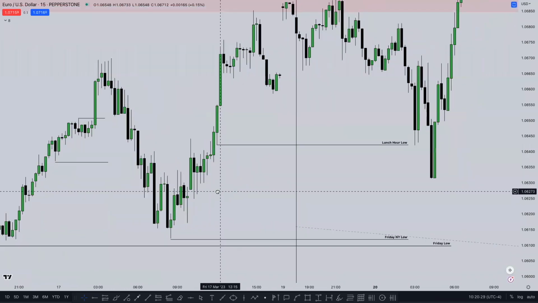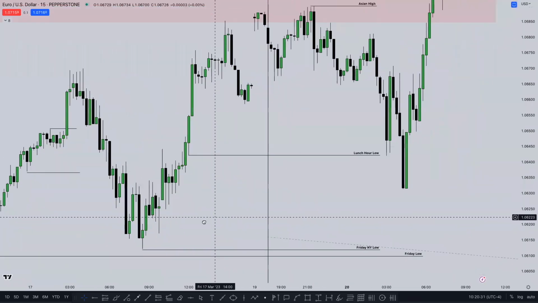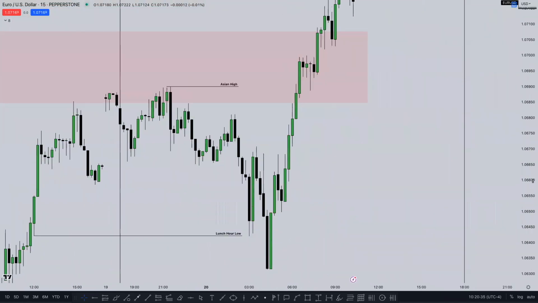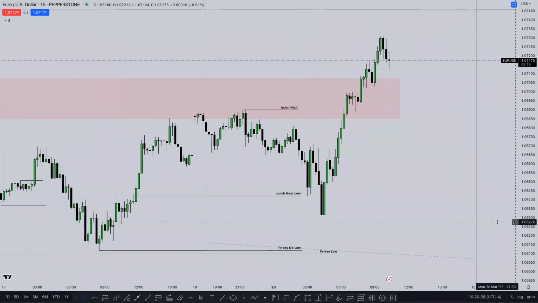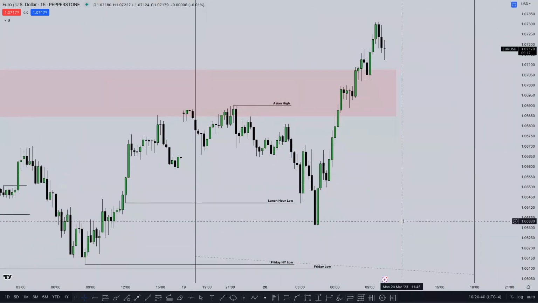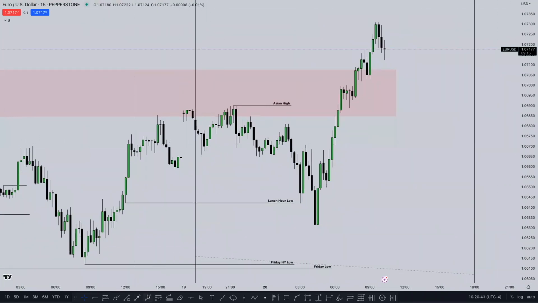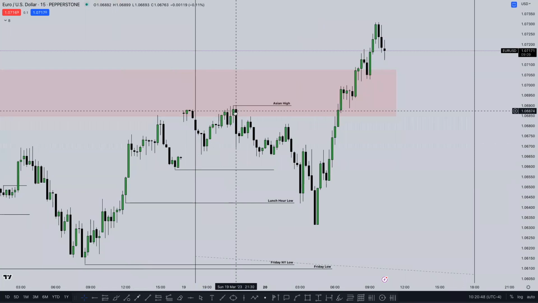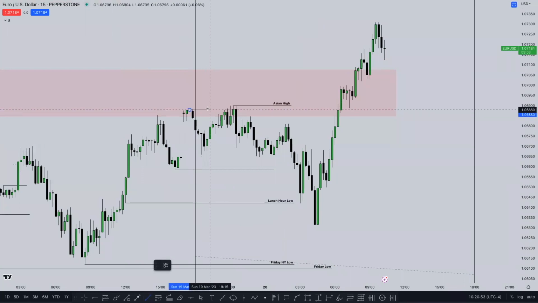Now, look at today's price action. What can we see? We have this low right here, and we have the Asian high right there. We also have this high right here.